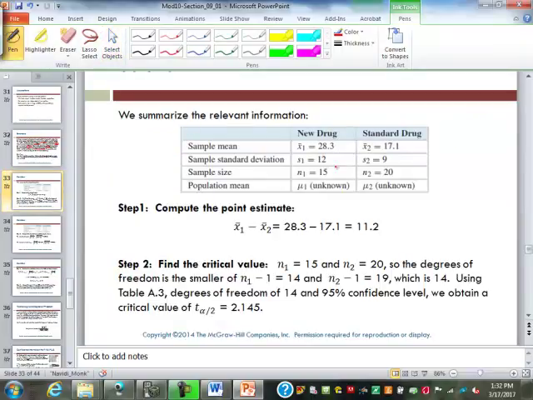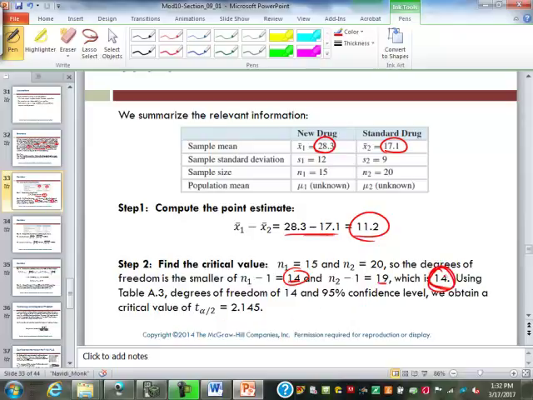Our point estimate: the first sample had a reduction in blood pressure of 28.3, the second sample is 17.1, so that's a difference of 11.2. Finding our critical values, we had two sample sizes, 15 and 20, so we're going to use 14 as our degrees of freedom, because 15 minus 1 is 14, 20 minus 1 is 19, so the smaller is 14.